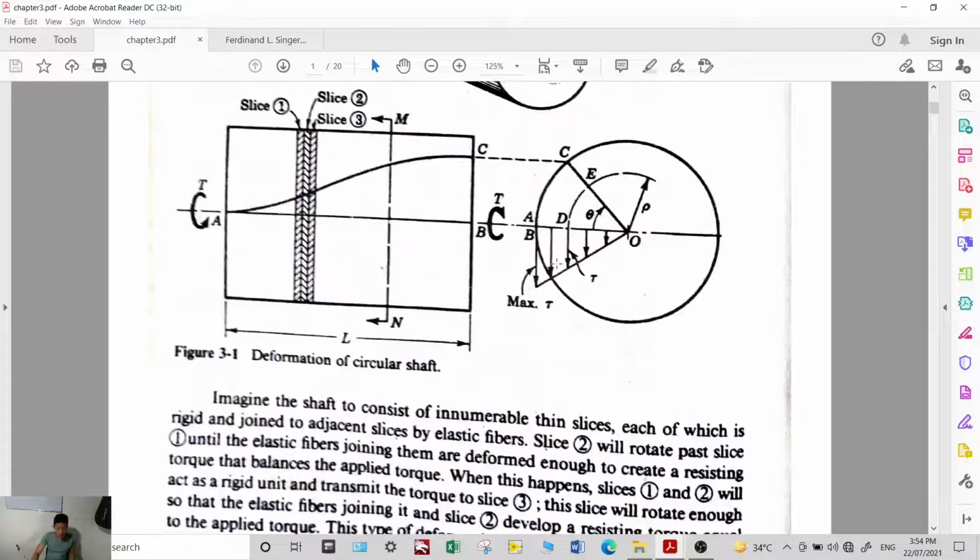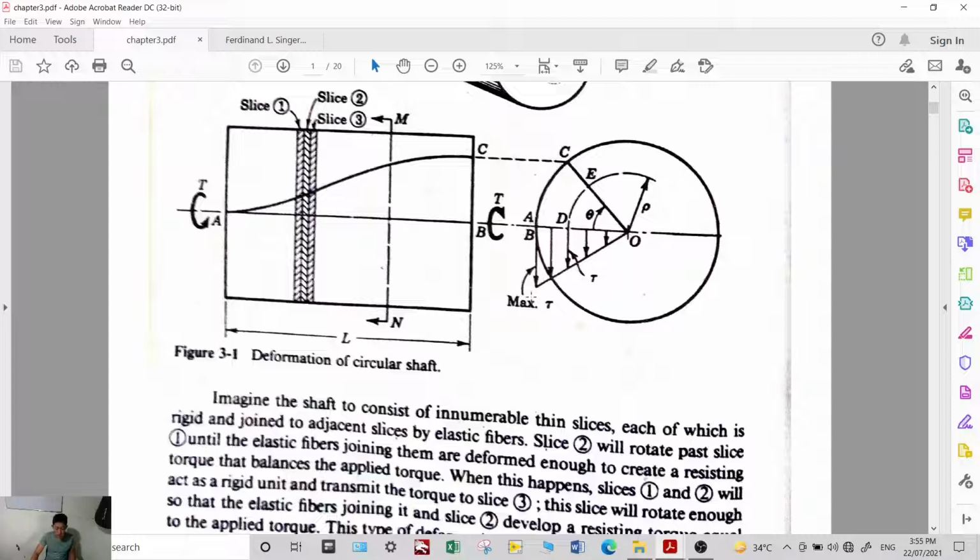Okay, so if you look at the figure 3-1, you can see the stress variation, okay, with respect to radius. As the radius is increased, the torsional shearing stress also increases.